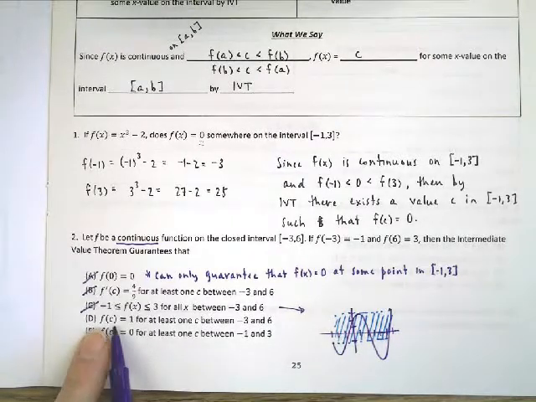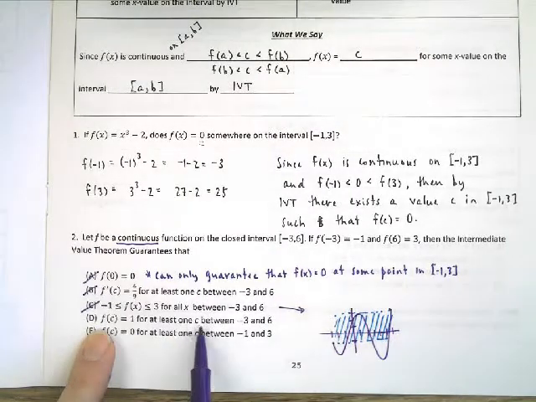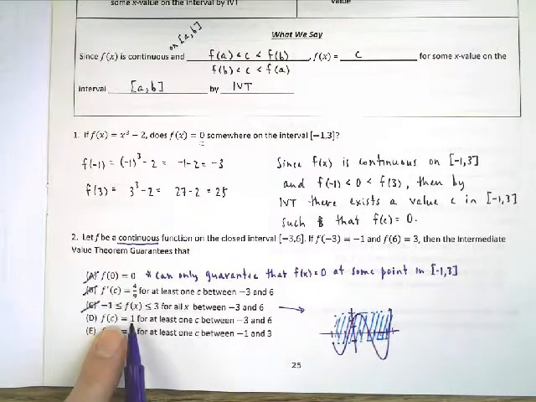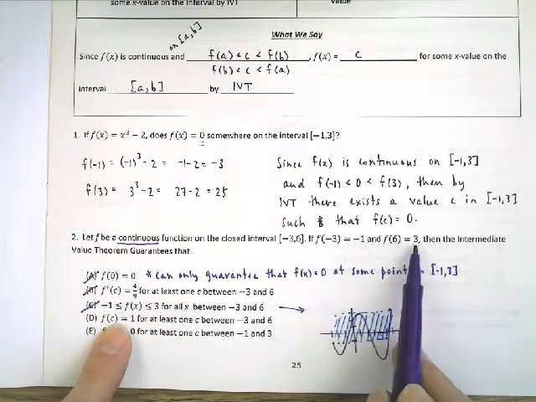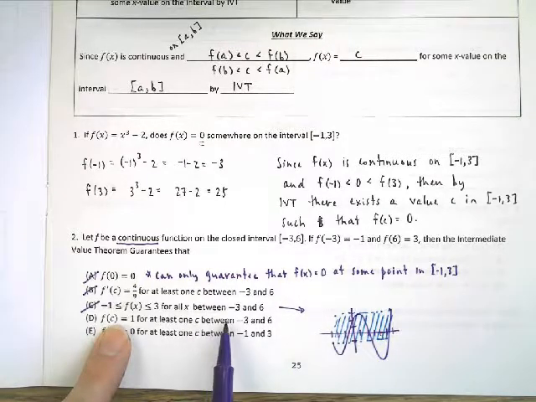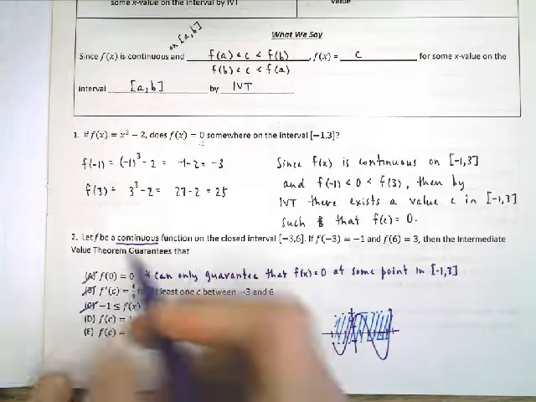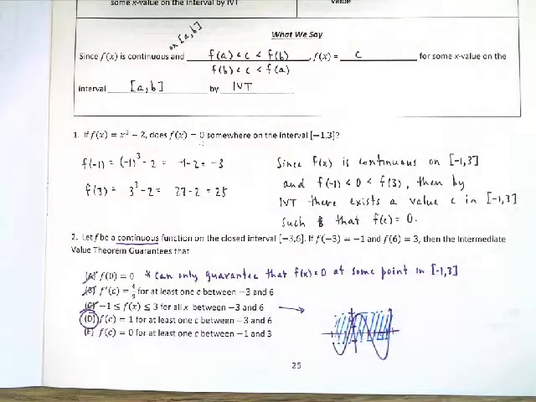Let's see, now D, f of c equals 1 for at least one c between -3 and 6. So now, since 1 falls in between -1 and 3, this I can guarantee. I don't know where that happens, but I know it happens at some place on that interval. So D, I can guarantee.